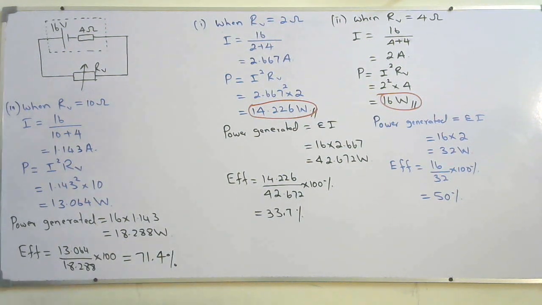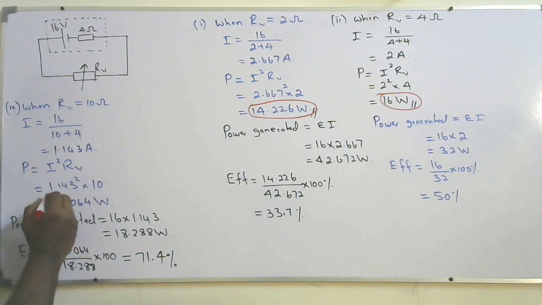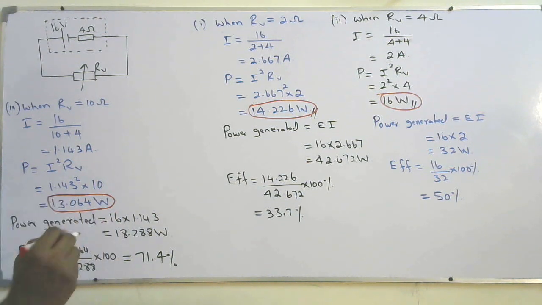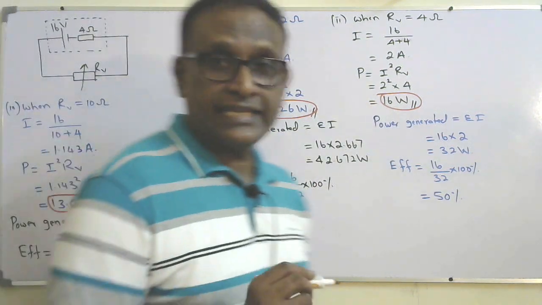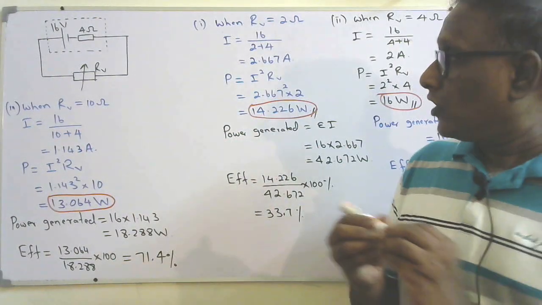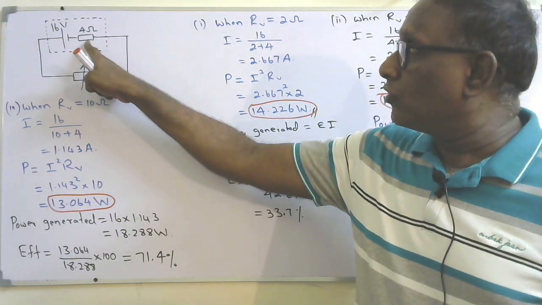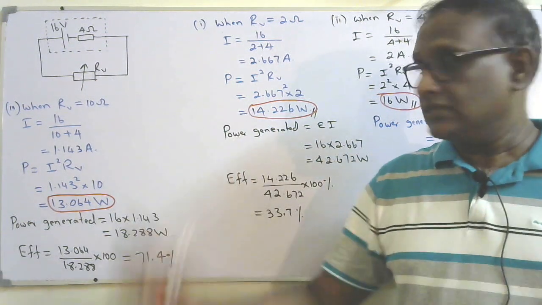Now you can see that the power transfer to the external circuit is 13.064 here, here 14.226, here 16. So you can see the optimum power, if you want, you can try different values, like more than 4 ohms or less than 4 ohms for the external resistance RV.